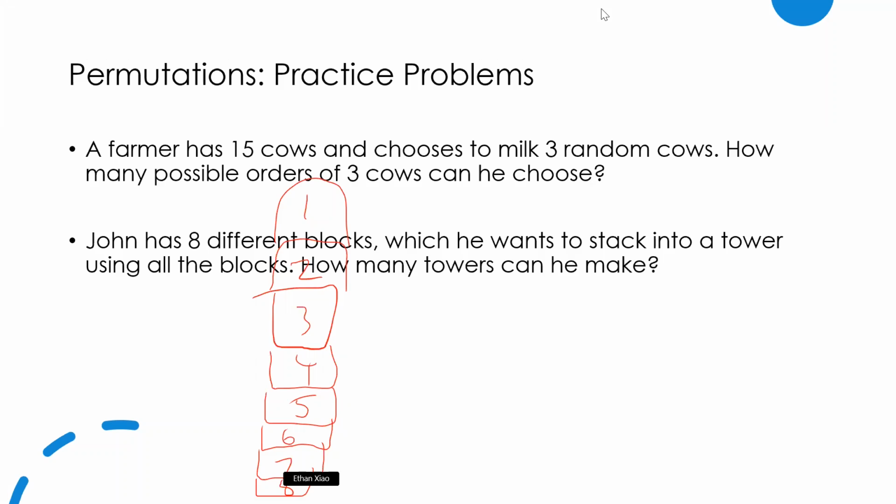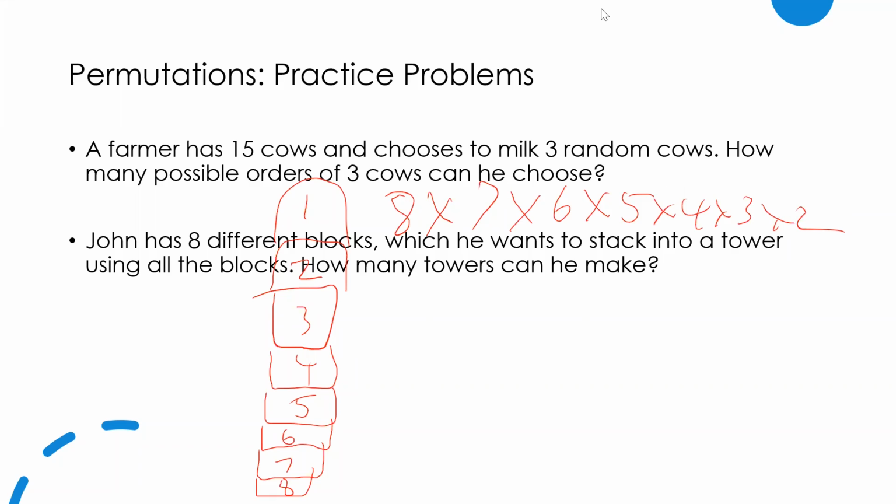For the first position, we have 8 different blocks to choose from, so we write 8 for this first slot. For the second one, we only have 7 since we already used one. So times 7, and then we do the same thing: times 6, times 5, times 4, times 3, times 2, and so on.